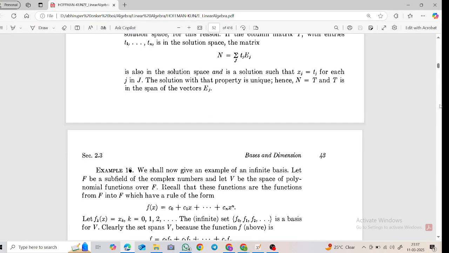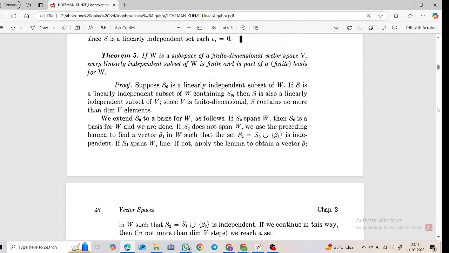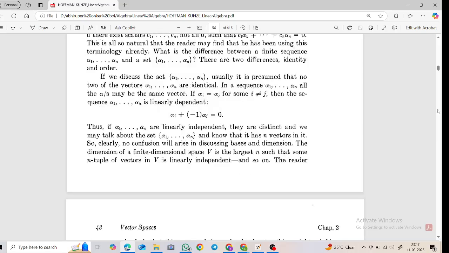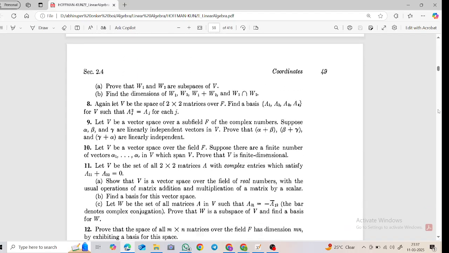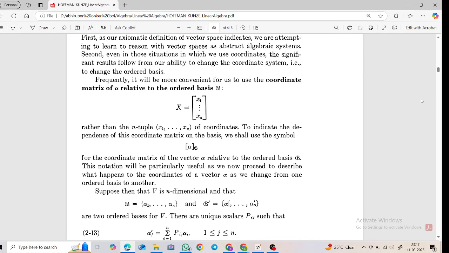I can't go through the theory line by line. That's not possible. Mainly we will see how to extend a basis, and why those conditions, like maximal linearly independent set and basis, are all the same.